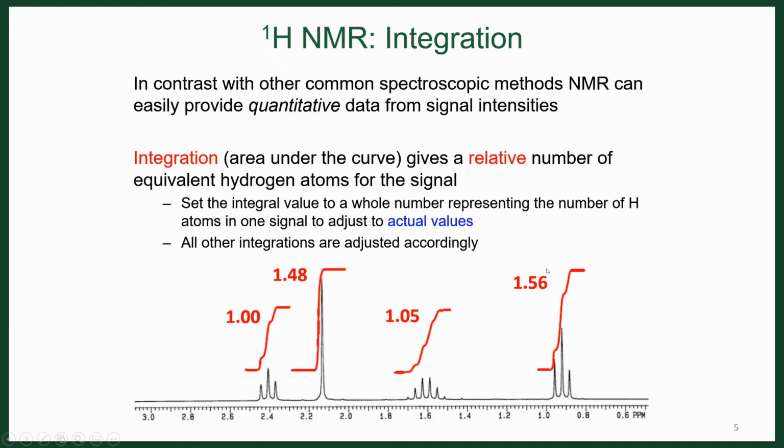Now, we can't have 1.5 hydrogens on an individual carbon atom. Carbon has to have 4 bonds to satisfy it. We can't magically have a hydrogen in half. And so what we have to do is adjust this to our actual values. So what we'll often do is find a multiple that we need to multiply all of the numbers by to give our actual values for our integrals here.